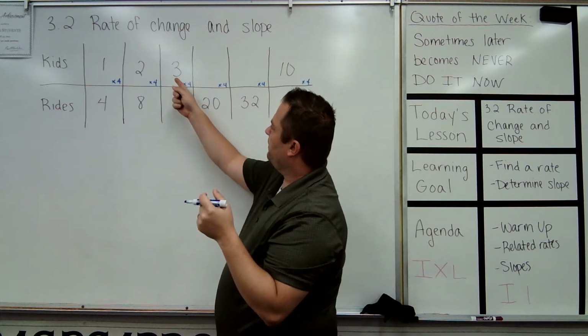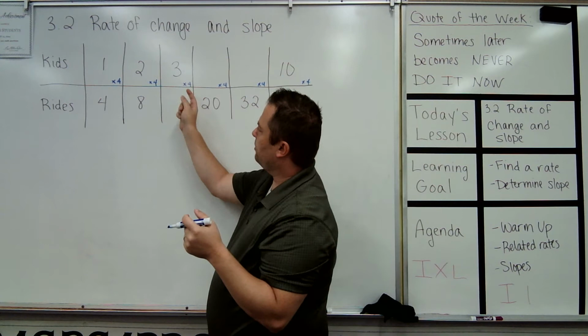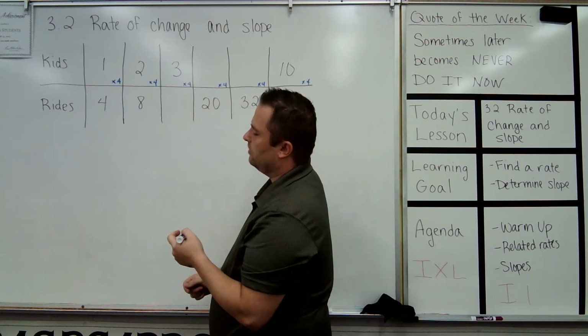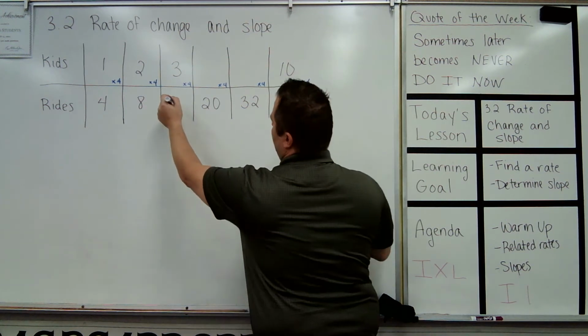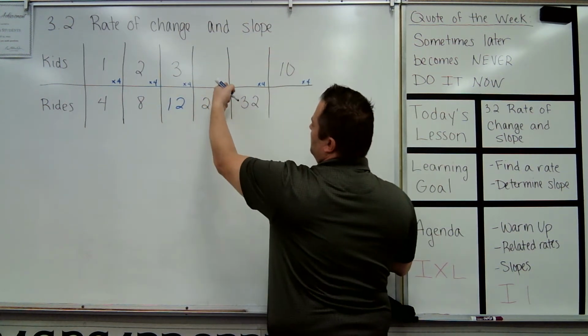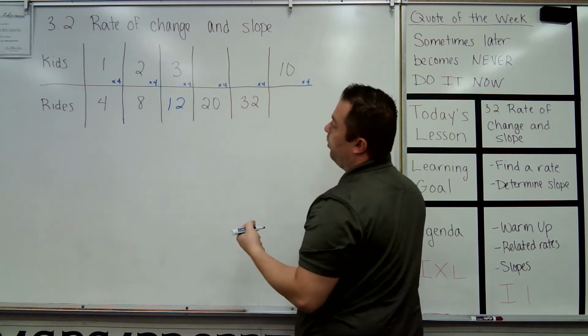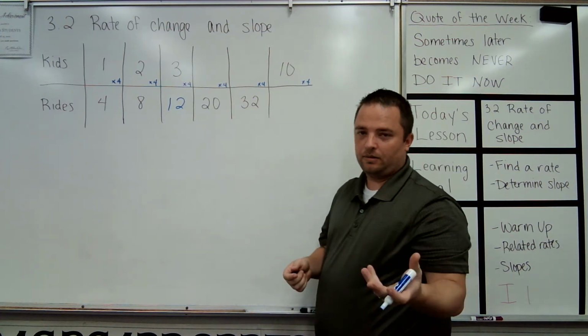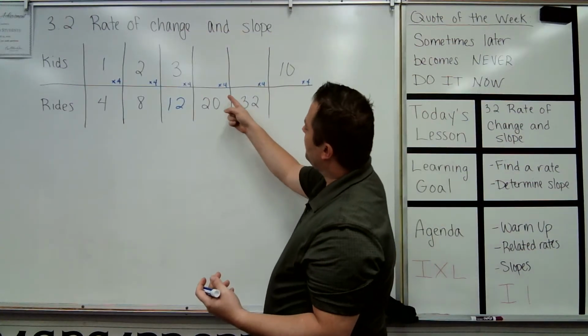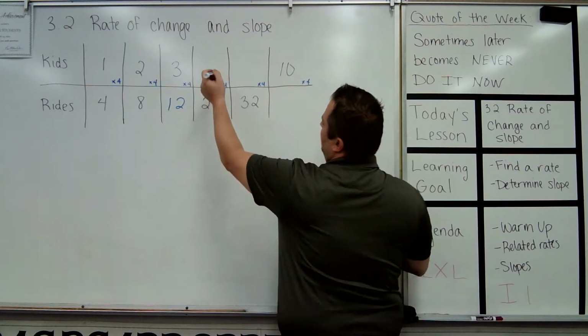Well, if we know that the top numbers are being multiplied by 4 to get to the bottom numbers, 3 times 4 is 12. Some number times 4 is 20, or remember, the opposite of multiply is to divide. So 20 divided by 4 is 5.